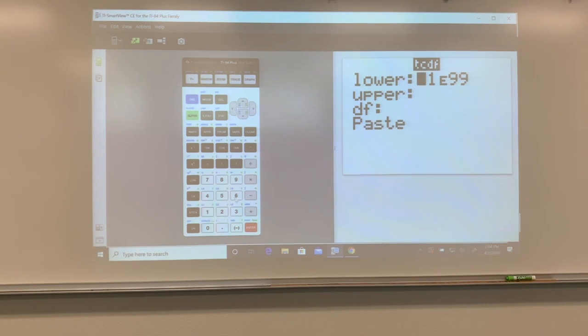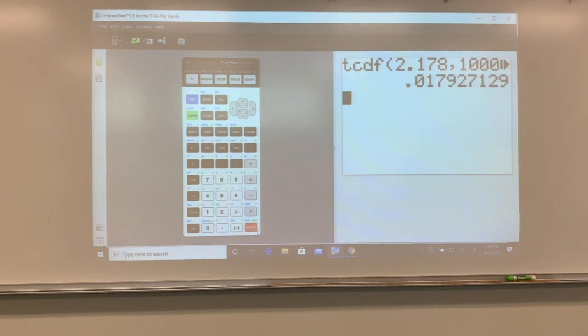I'm going to make the lower bound the z-score, which was actually 2.178, literally. The upper bound is some massive z-score, and the degrees of freedom was 37. We're going to get a similar answer, if not the same. So let's see what we got. There you go. It's the same exact answer. You can do it either way.